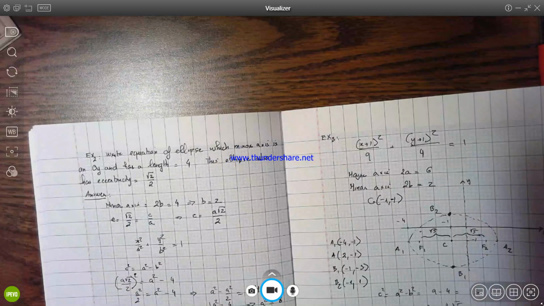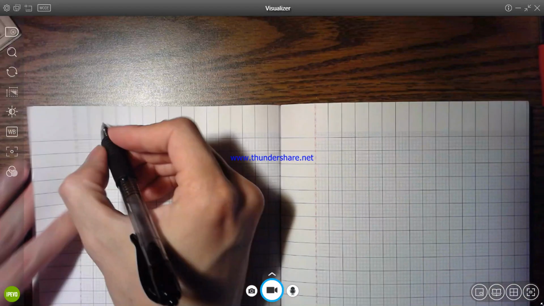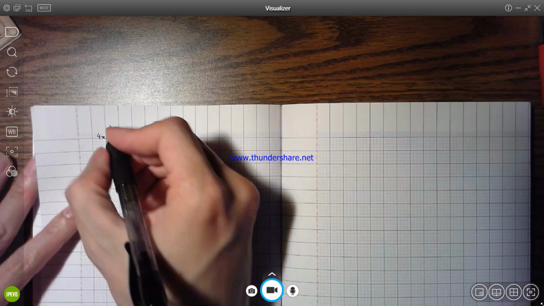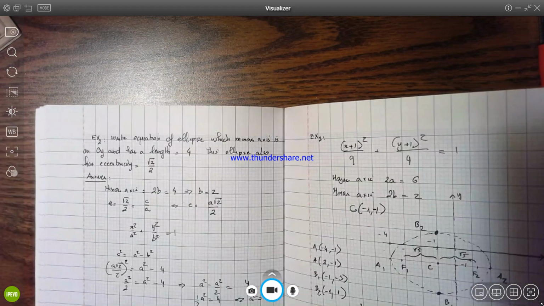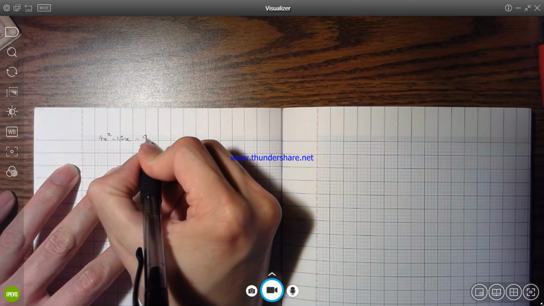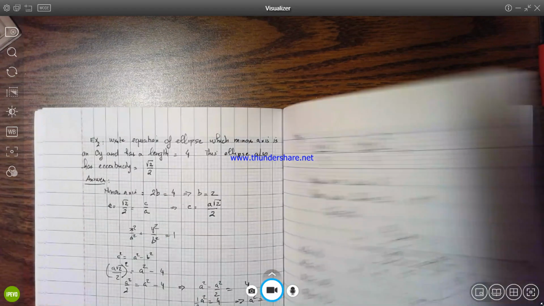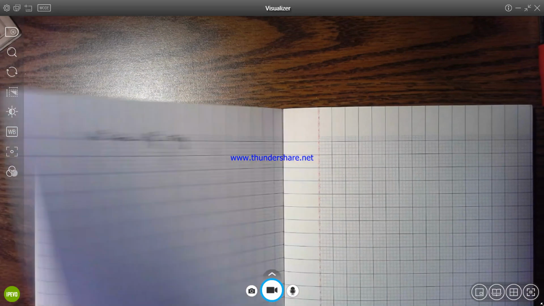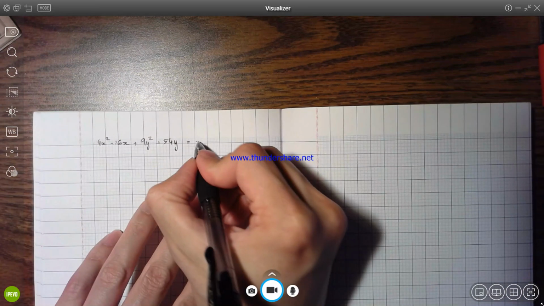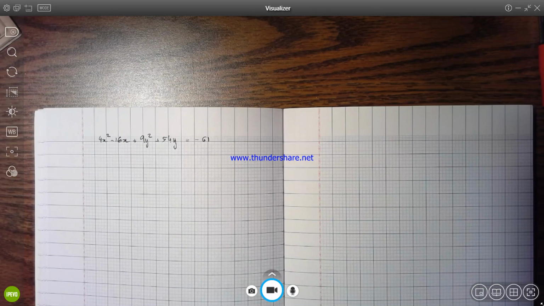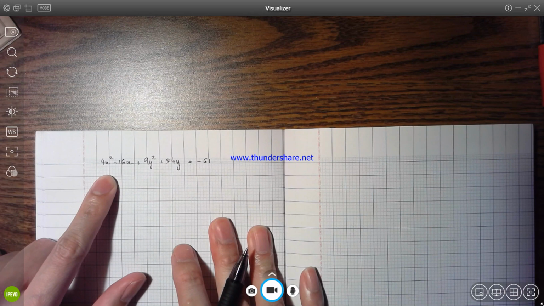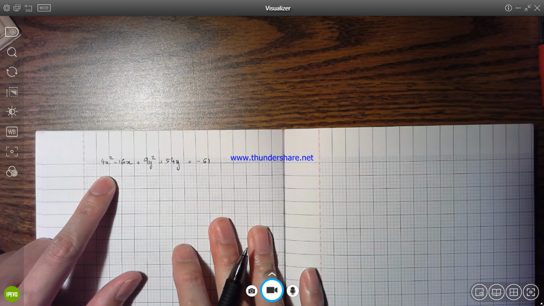So my equation becomes 4x squared minus 16x plus 9y squared plus 54y equals negative 61. So I have to complete the square right over here.